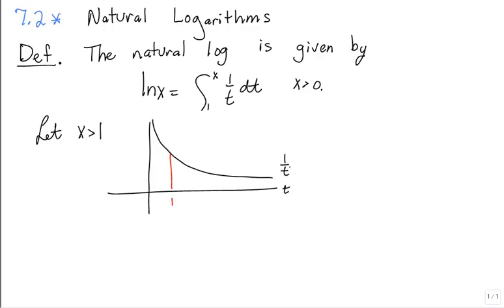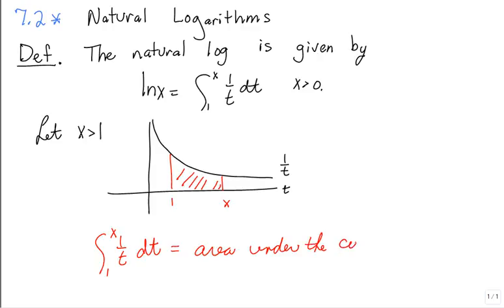Okay, so the graph of that is 1 over t, and we're going to go from 1 to x, and the integral of 1 over t dt, as long as the function is positive, that means above the x-axis, is equal to the area under the curve from 1 to x.